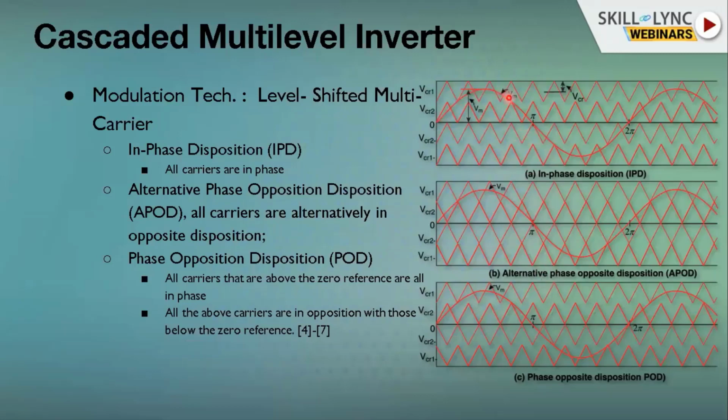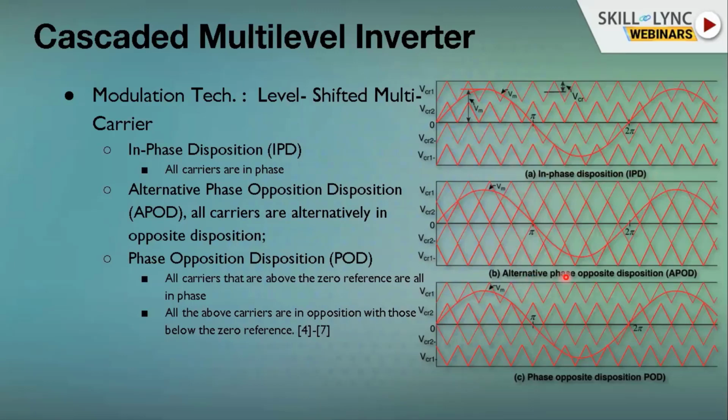So you have one sine going and you have 4 carriers. Here you give a DC biasing to them and lift them up, and you see that they are all in phase. There is no phase shift between the triangle carriers. Hence you get the name in phase disposition.